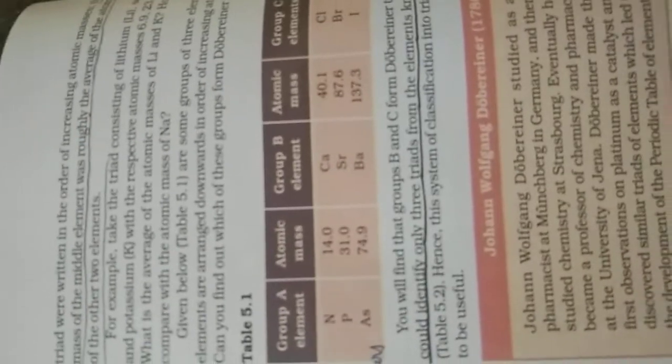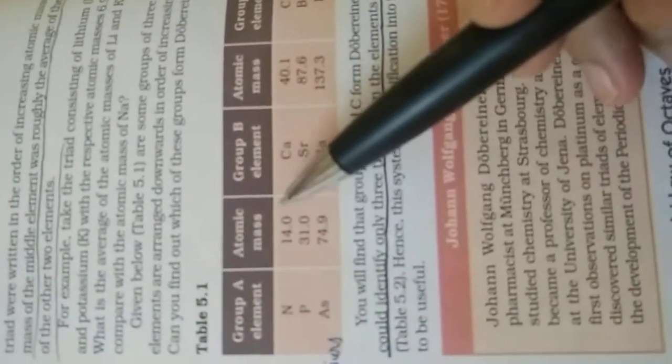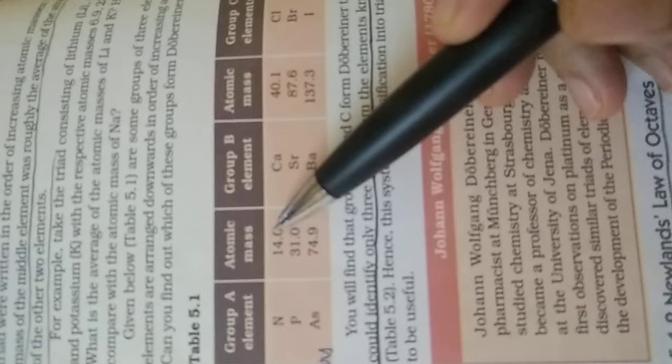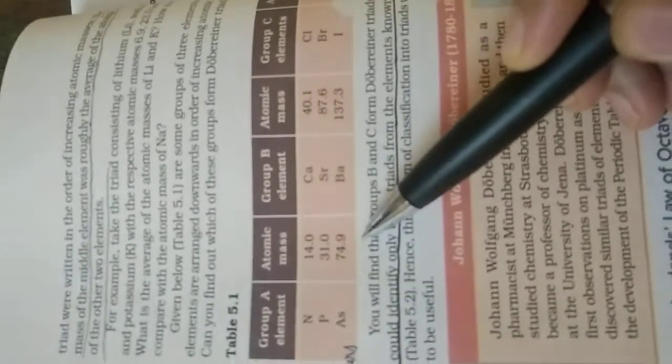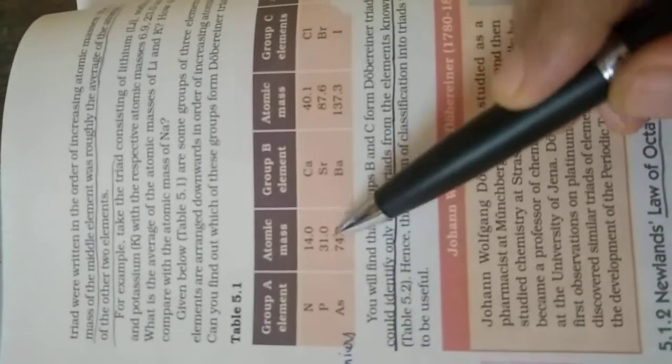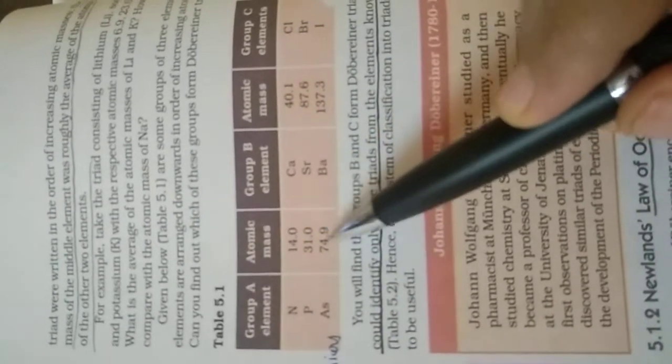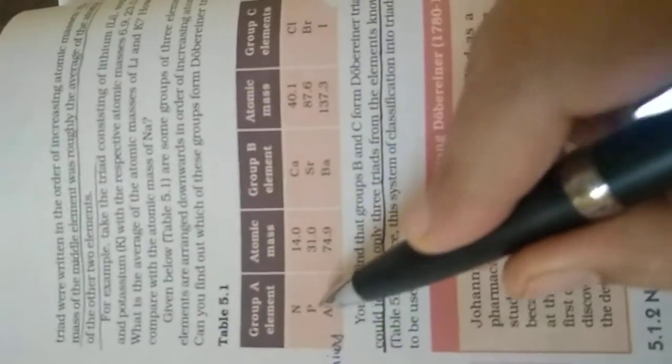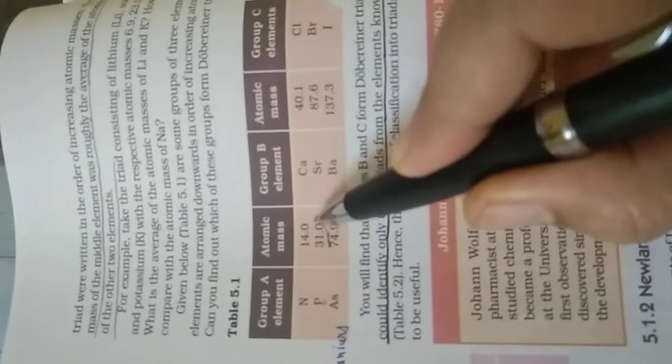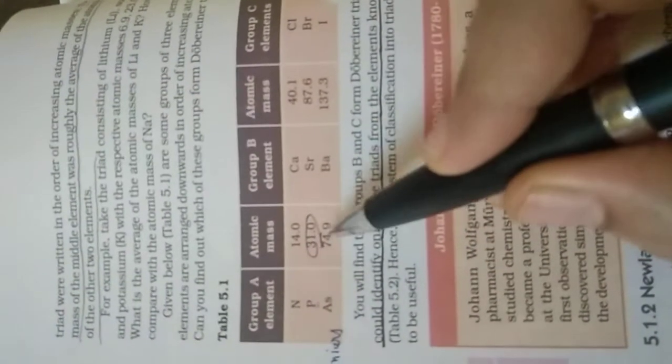What he showed was that when the 3 elements were arranged in the order of increasing atomic masses, the middle element was roughly the average of the other 2 elements. If you see phosphorus here, the middle element is the average of the other 2.